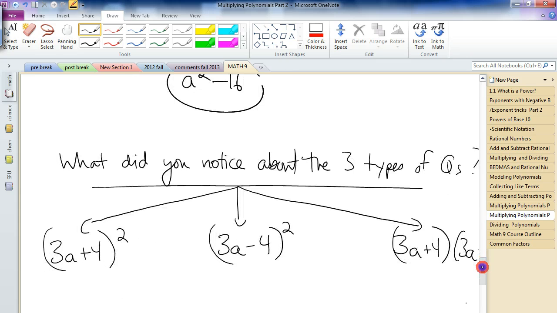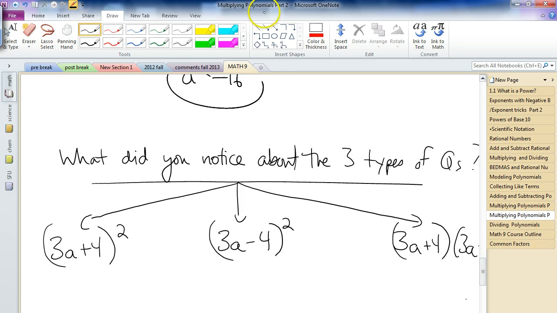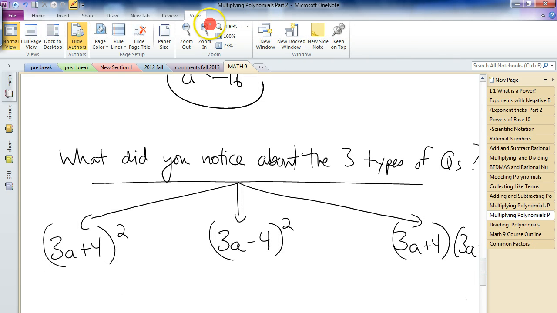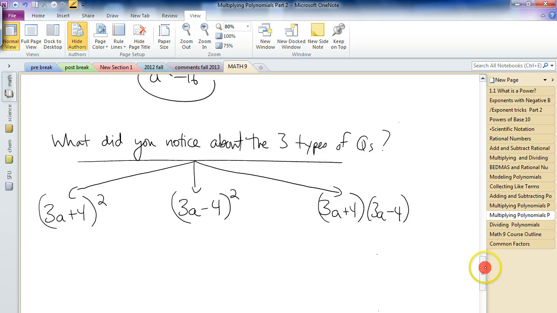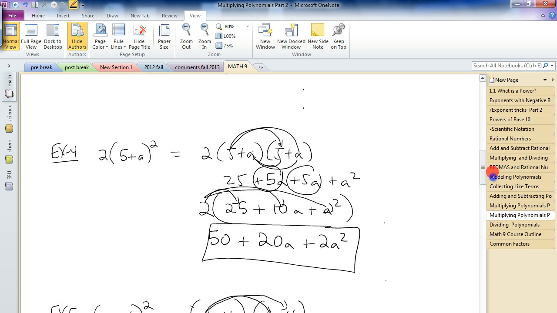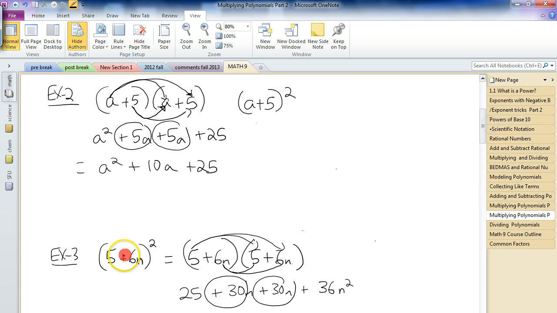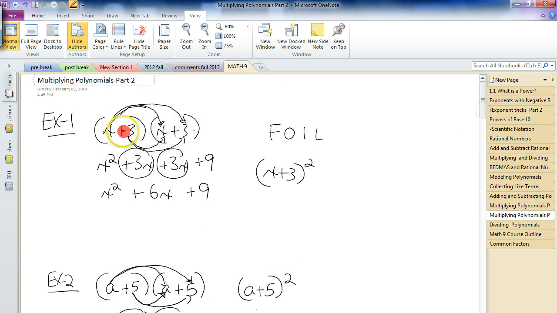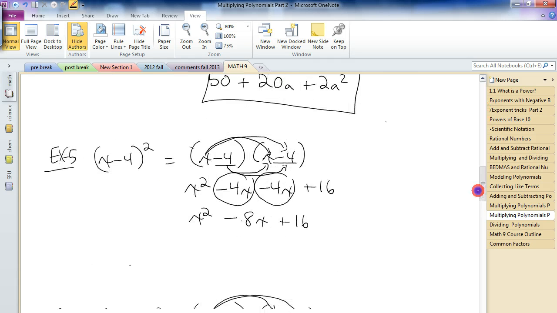Okay, so now I'm going to help you out. You're probably thinking he's talking about these little hints and clues, but you're not really helping us out. What did you notice about these three types of questions? When you have two positive binomials multiplying each other, like we did in the first set, like there, like there, like there, what do you notice in those questions?